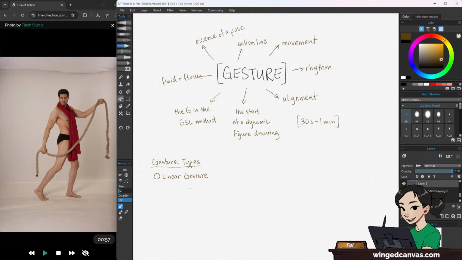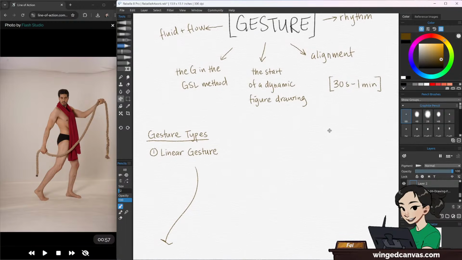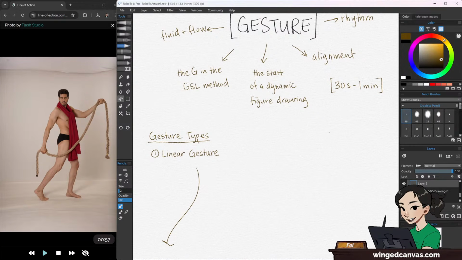They might start with something like this. So if I'm drawing the pose on the left, I'm going to zoom in here. I might start off with a line. What is the first line of action or the most obvious line that you see here? And we're just going to draw the gesture with lines.